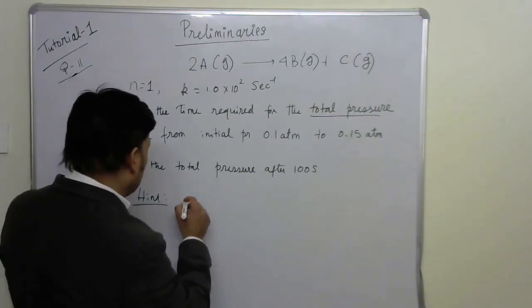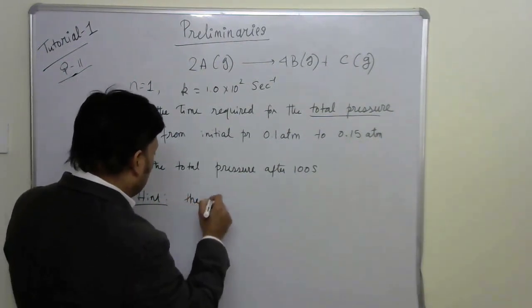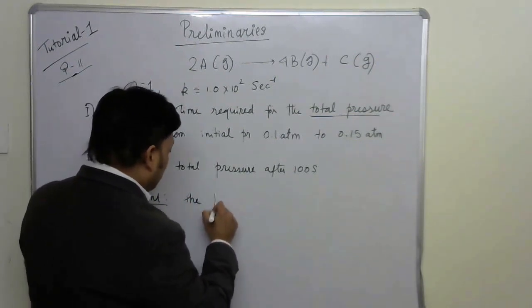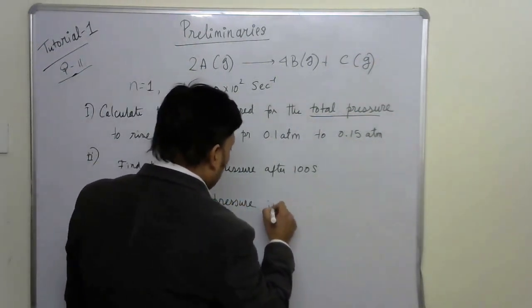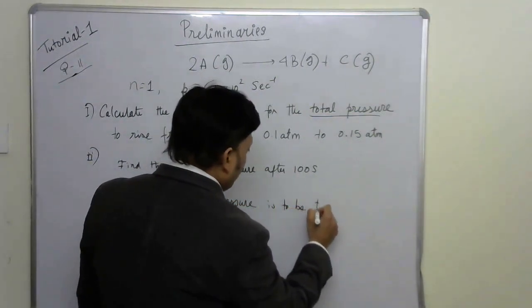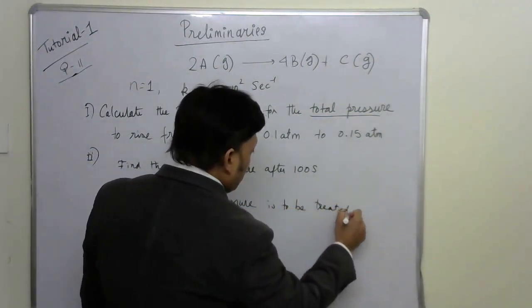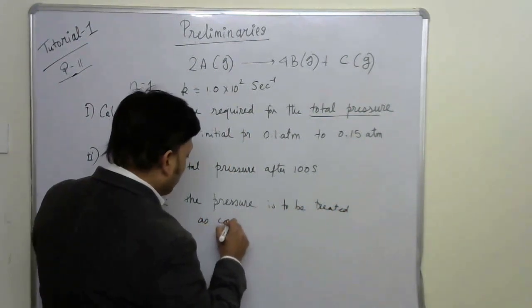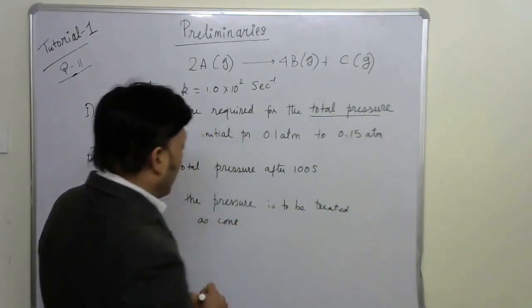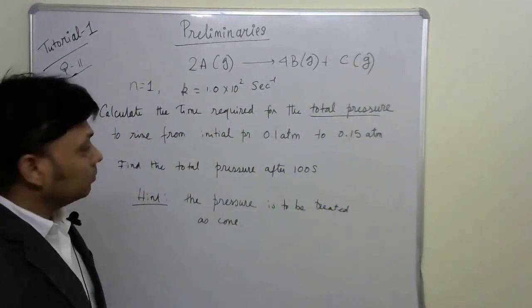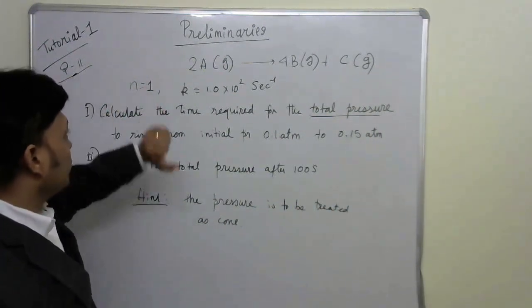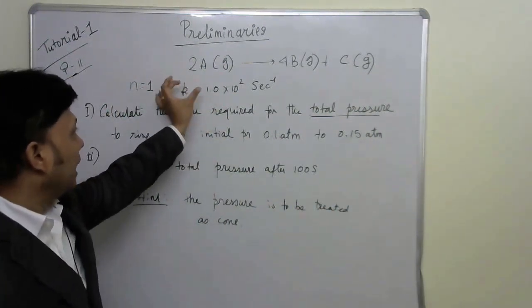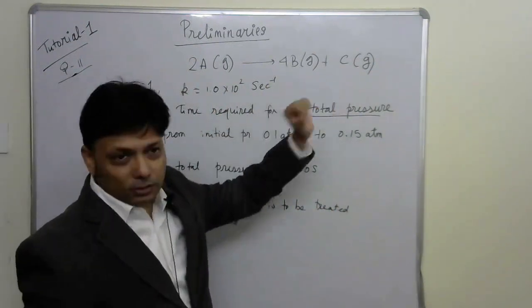The hint is the pressure is to be treated as concentration terms. Okay, and then you can go for it. So at time t equal to 0, we have the initial concentration A, and this is 0 and this is 0.